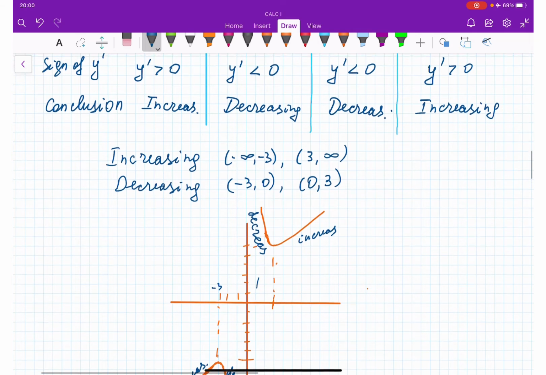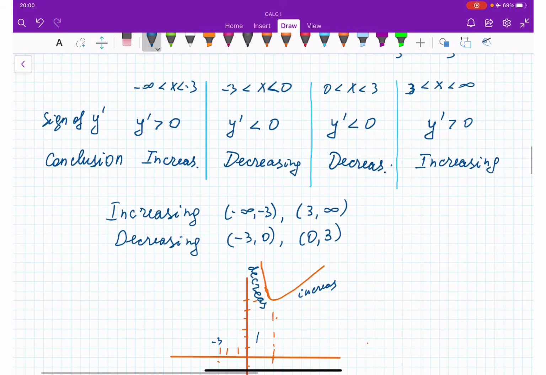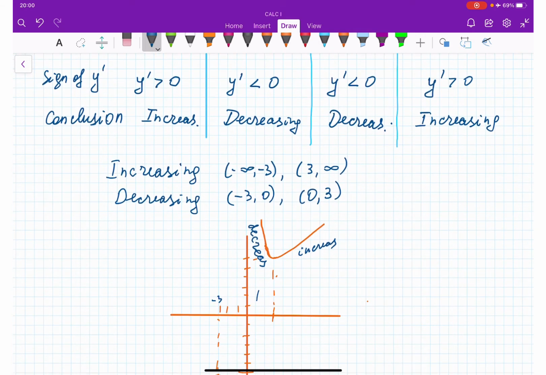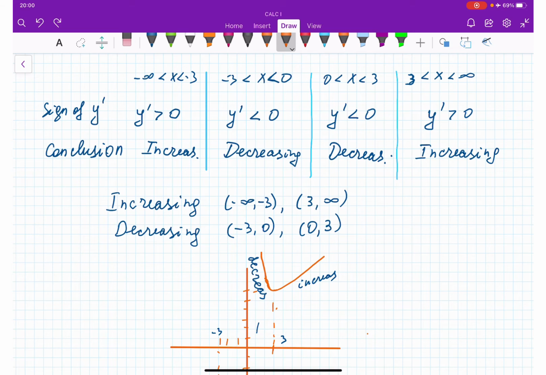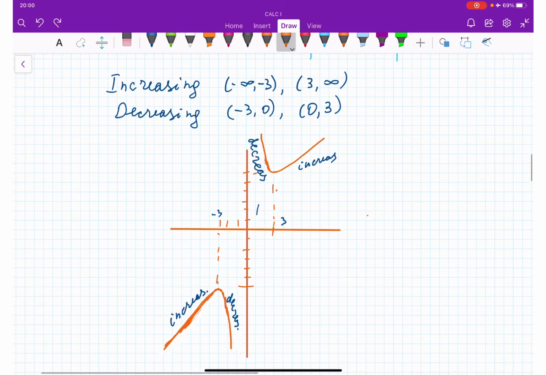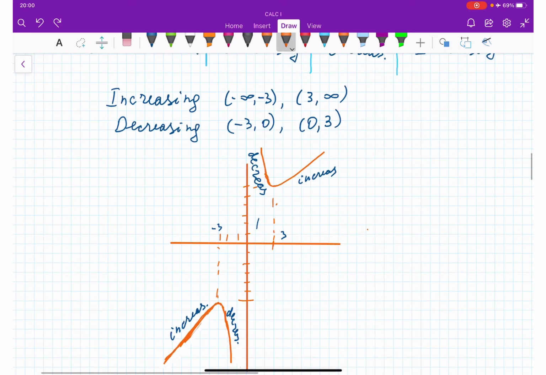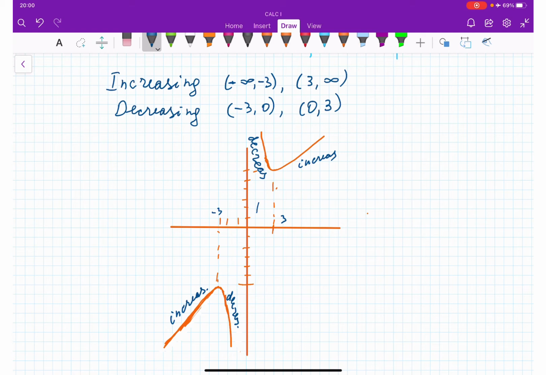So those are our critical points, negative 3 and positive 3, right? Okay. So on interval negative infinity, negative 3, it's increasing.